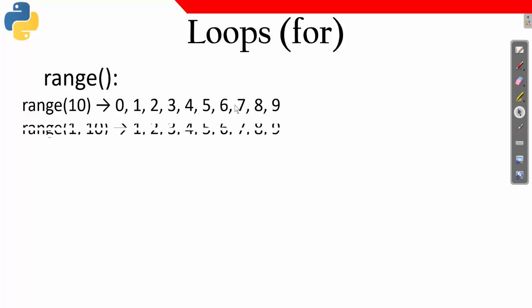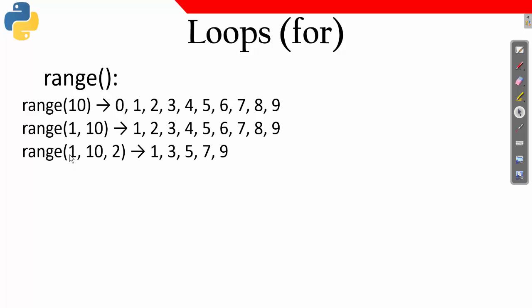If I am writing range of 1 comma 10, the starting value is 1 and the ending value is not included, as I told you yesterday, so 1 to 9 will be printed. If I am writing range of 1 comma 10 comma 2, it means from 1 to 9, not including 10, at a step of 2, so 1, 3, 5, 7, 9 will be printed.